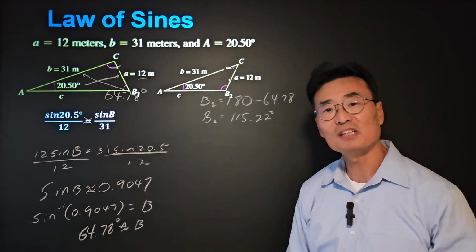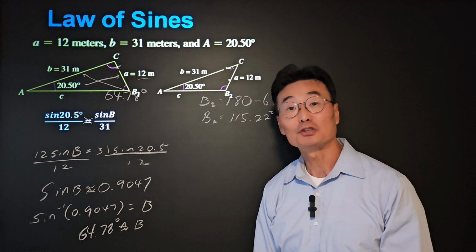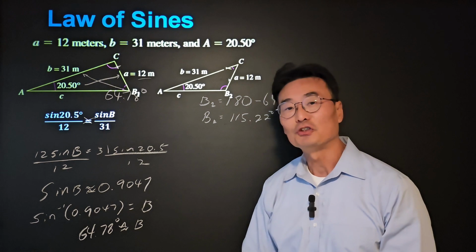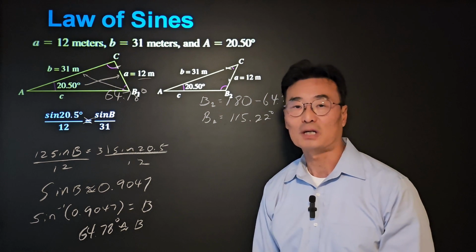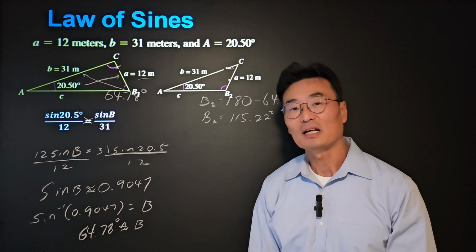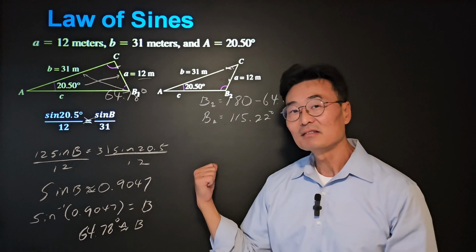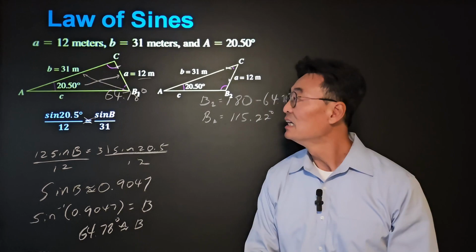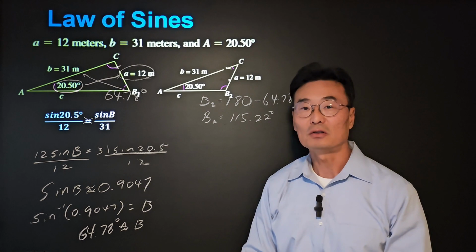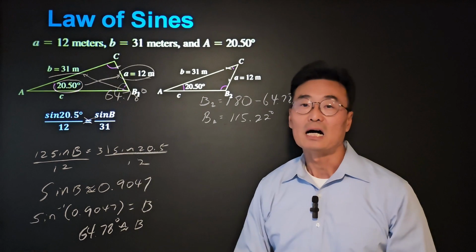So there you have it, folks. Law of sine is quite simple and easy to use if you're given the picture or the figure of the triangle, because it's going to be that one triangle. However, if you're not given the picture of the triangle, then that triangle may exist or may not exist. It may have one possible triangle, or as in this case, you could have two possible triangles, again, if the side opposite of the angle that's given is smaller than the side opposite of the angle that's not given.